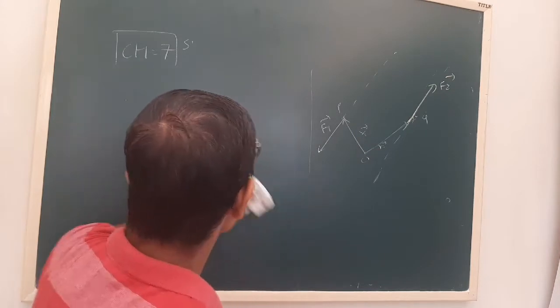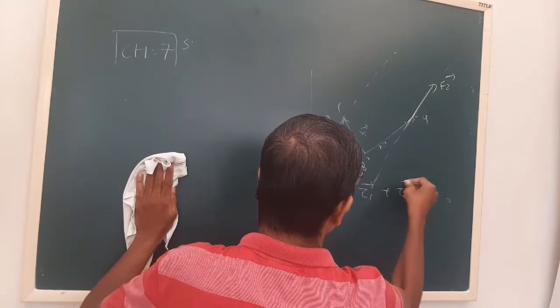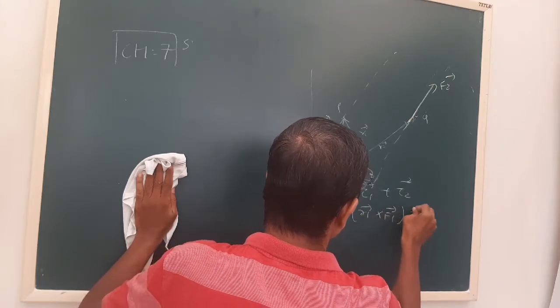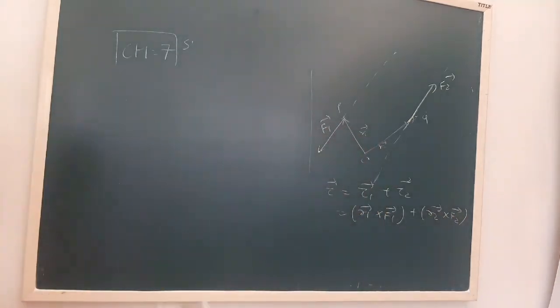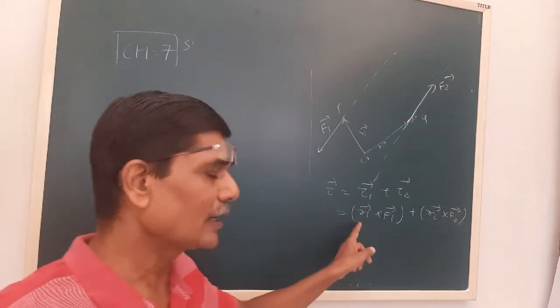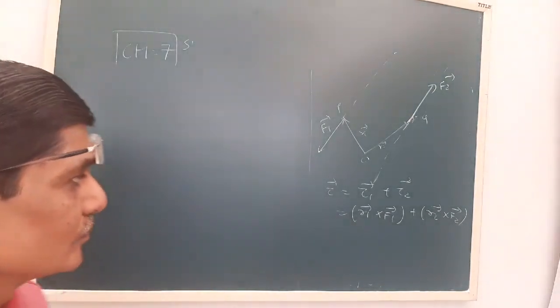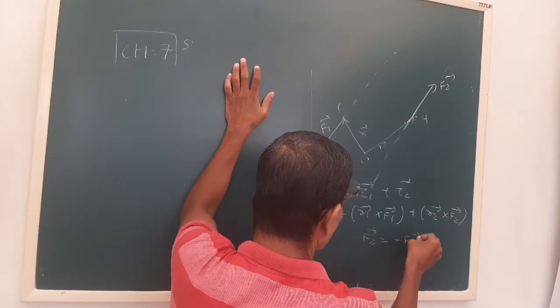Torque is equal to tau 1 plus tau 2, which is R1 cross F1 plus R2 cross F2. The torque formula is known to us. The first particle has position vector R1 and F1 is the force acting on it. Here F2 is minus F1.